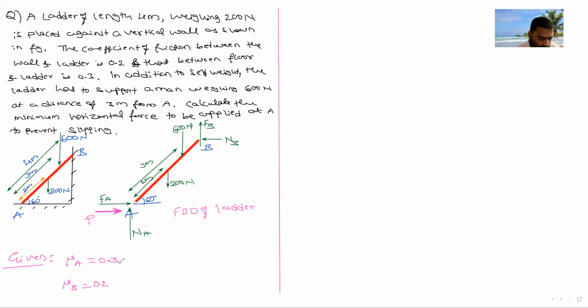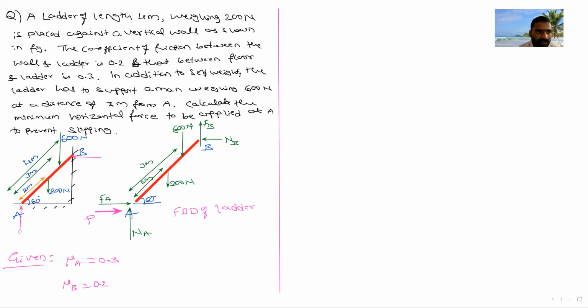Sir, please explain how you took the direction of Nb to the left side. See, the normal reaction is always perpendicular to the surface. Correct? In this figure, this is a surface, and the ladder is resting like this. So the normal reaction is always like this, in the opposite direction.